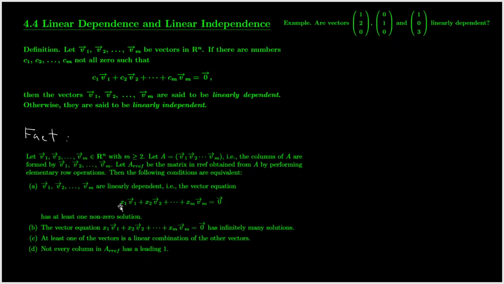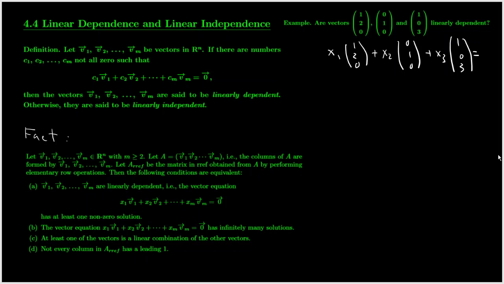In that case, we form a vector equation for the given vectors. In this particular case, the vector equation is x1, you can imagine x1 is an unknown, x1 times the vector (1, 2, 0), and then plus x2 times (0, 1, 0), and then plus x3 times (1, 0, 3).